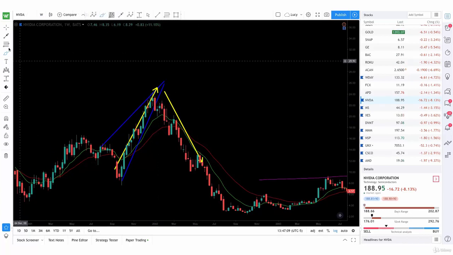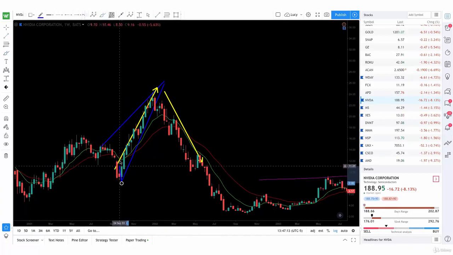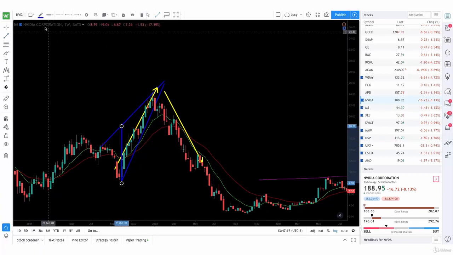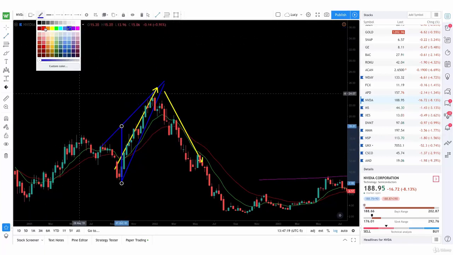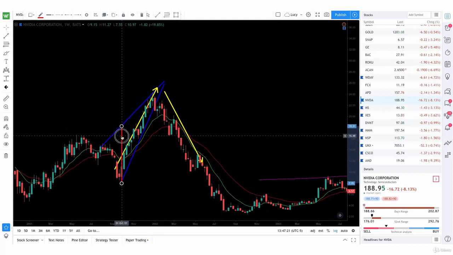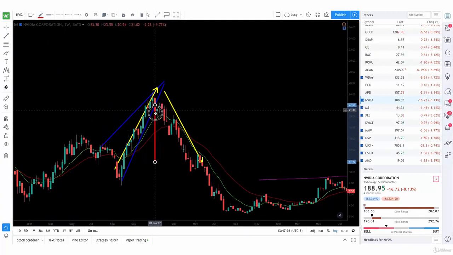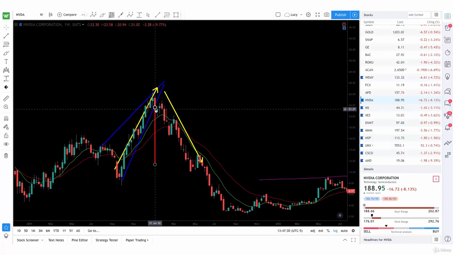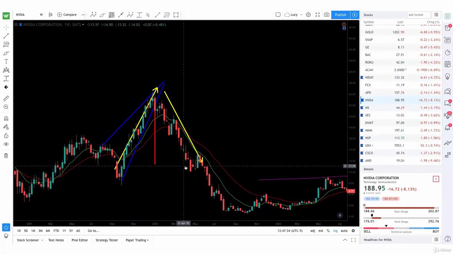And then right after that, we can set our target. The target is going to be the length of the opening of this wedge. See right here, from the top to the bottom. And then we're going to put it right where it broke down. So right here where it broke, we got our target, which is going to be right here.